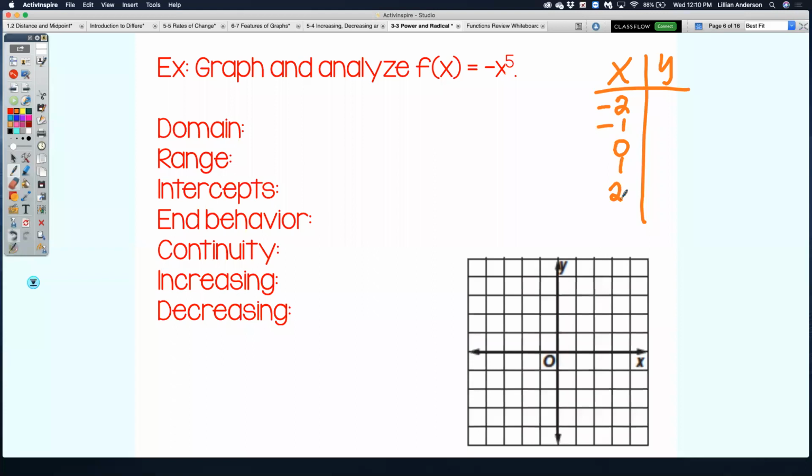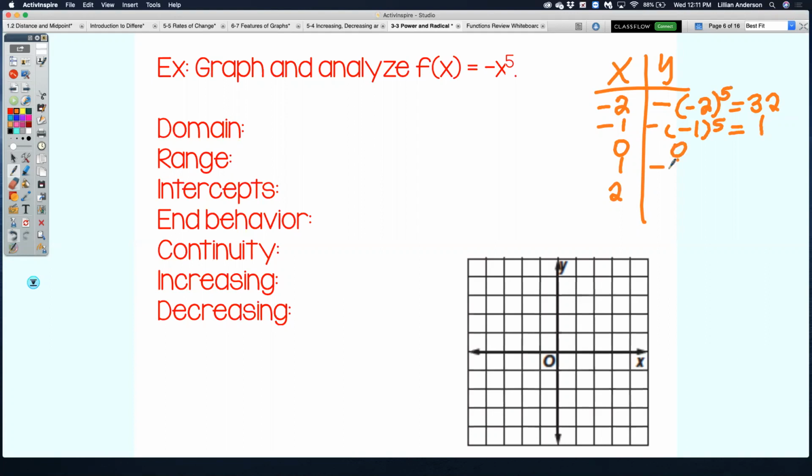So when I plug in -2, that is saying negative (-2) to the 5th power. Well, (-2) to the 5th power is -32. But then there's a negative on the outside, so it makes it positive. I'm definitely not graphing that. That's too far. Negative (-1) to the 5th power becomes a positive 1. Of course, 0 to any power is still going to be 0.